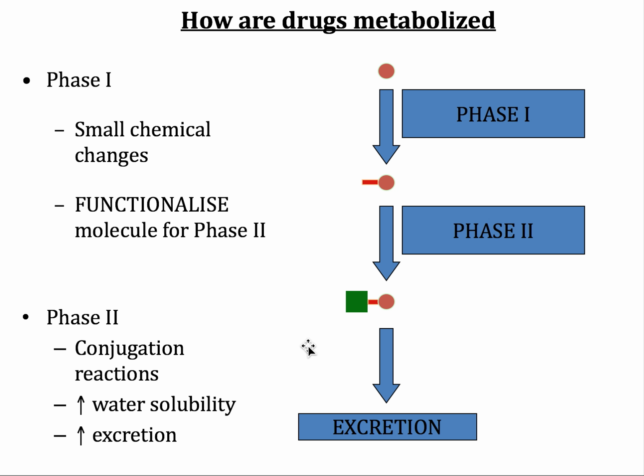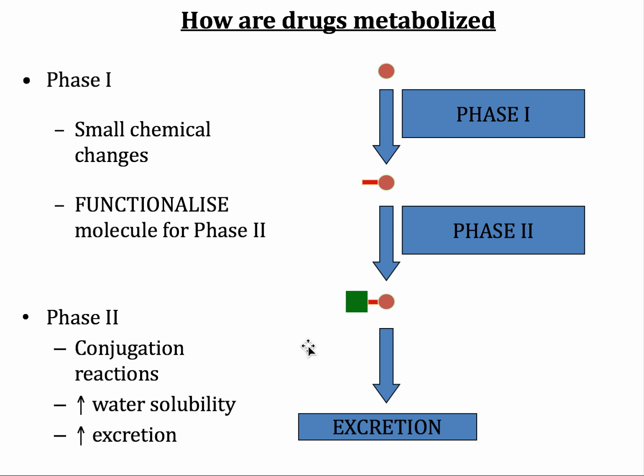So phase 1 usually includes very small changes like oxidation, reduction, and hydrolysis, and the whole purpose of phase 1 is just to functionalize the drug and make it more ready for phase 2. Phase 2 is the process by which conjugation reactions take place.